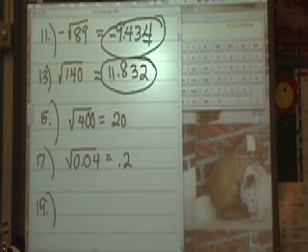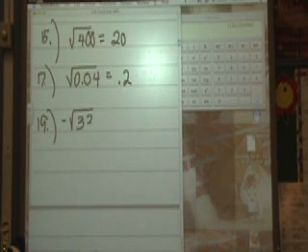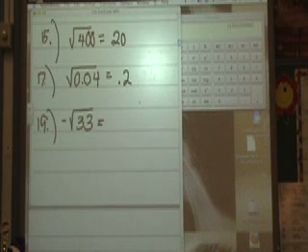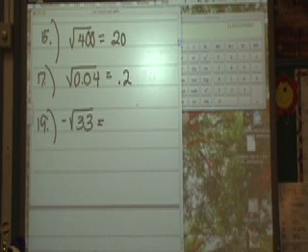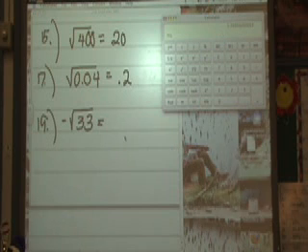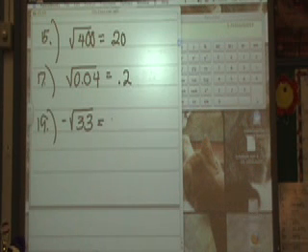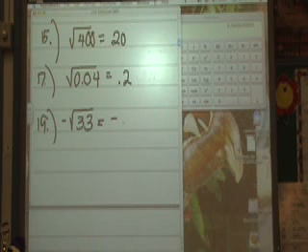19. Negative square root of 33. Is that a perfect square, Julie? No, this was not one of the ones we listed from 1 to 100. So enter 33 in your calculator, and what is the negative square root of 33 to the nearest thousandth? 5.74.